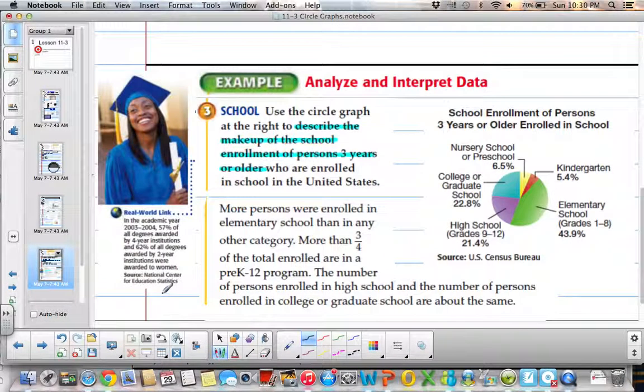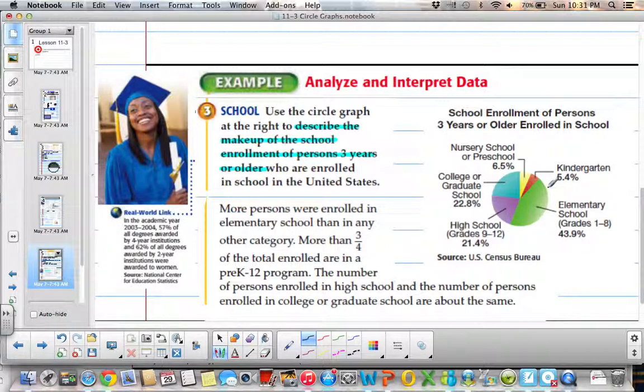And then our last thing here is to use the circle graph at the right to describe the makeup of the school enrollment of persons 3 years or older who are enrolled in school in the U.S. We can see our title, school enrollment of persons 3 years old or older enrolled in school, and we have our different sections. We know the majority of students are in elementary school, grades 1 through 8.